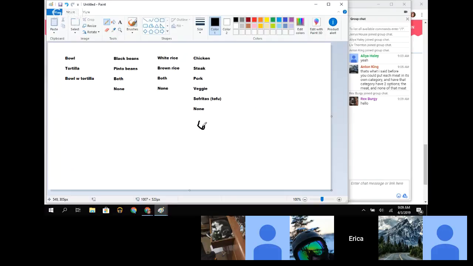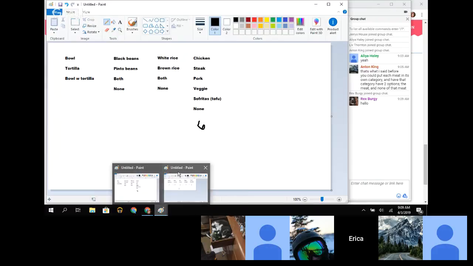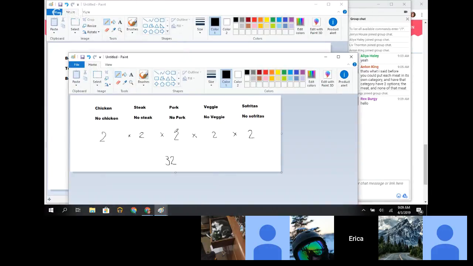There's 6 different choices that we're saying that you could have. So by allowing the meats to be combined, we're saying that there's 32 different ways that you could come up with this. 32 different choices, right?